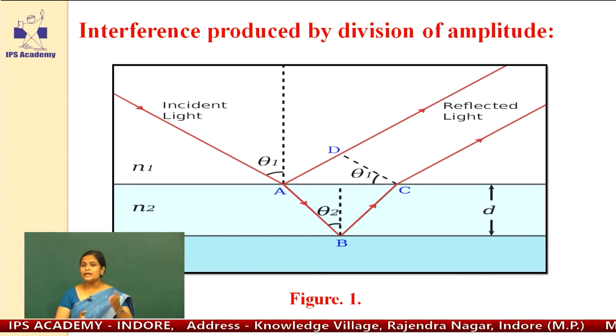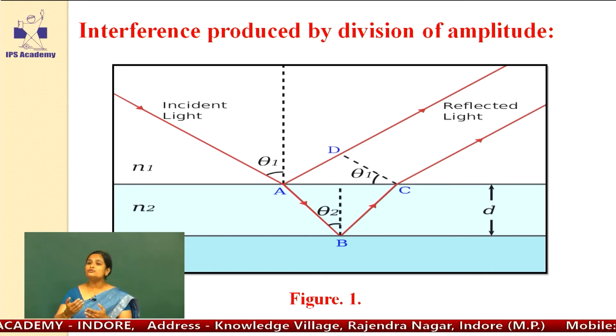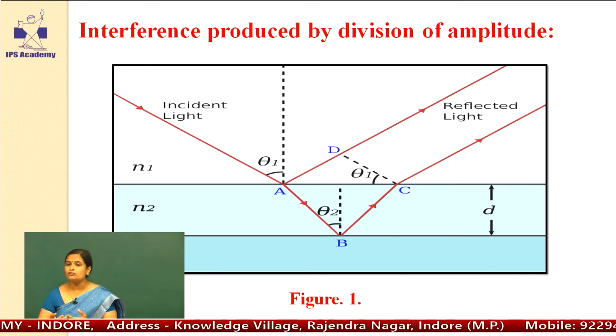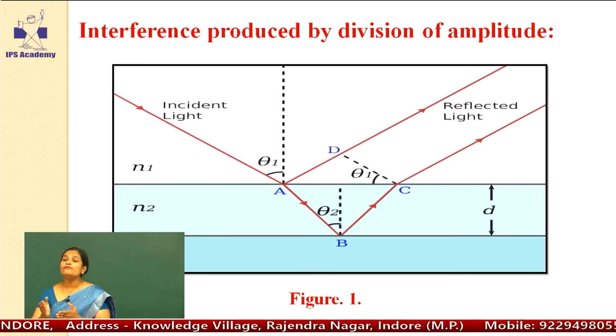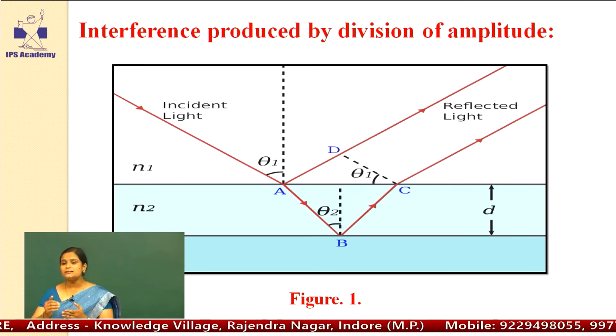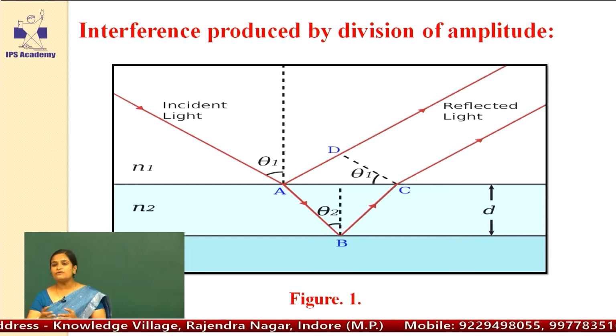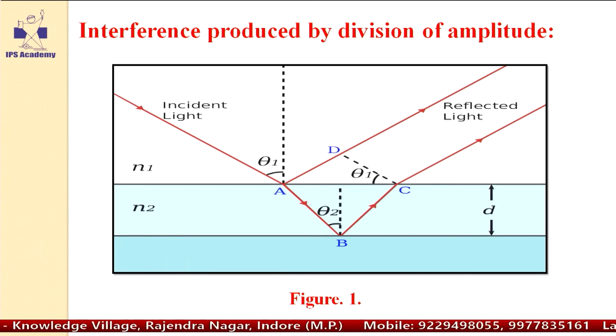So we can say the amplitude A divides into the two parts AR and AT. This is a division of amplitude. Afterwards, again there is a reflection from point B to C, and from C there is a refraction process. So we have two light beams in the reflected region, and there is a superposition between these two beams.